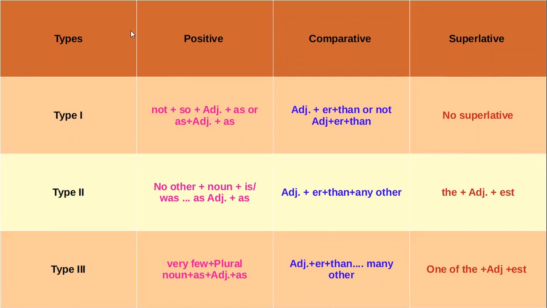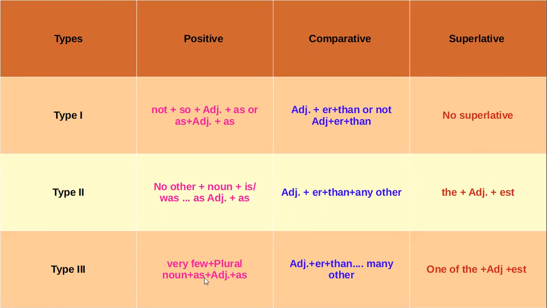In type 1 we do not have a superlative. Coming to type 2, in positive: no other plus noun plus is or was plus as plus adjective plus as. In comparative: adjective plus er plus than plus any other. In superlative: the plus adjective plus est.